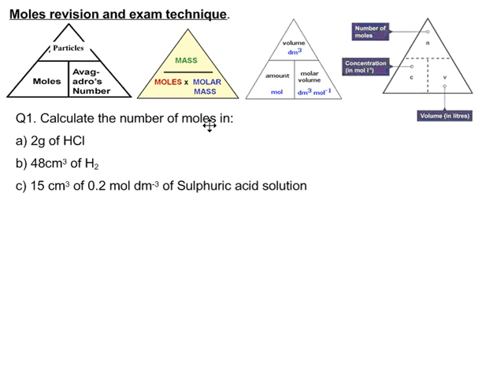So we need to work out the moles, but we are given a mass, and we have a formula. Now, the only equation which lets us use masses in grams is this one. So that is the equation we are going to use.